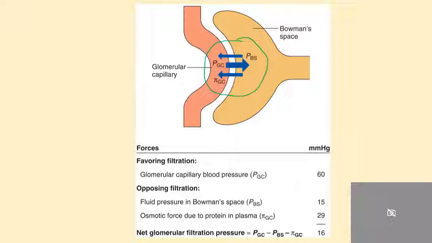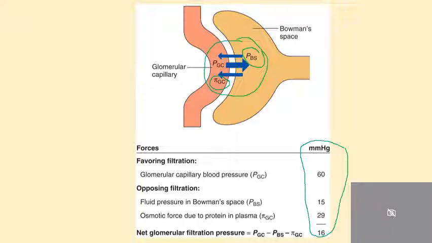The two smaller arrows both point in the opposite direction because they inhibit or oppose filtration. Up top, we have the pressure in Bowman's space, and down below, we have the osmotic pressure inside the glomerular capillary.